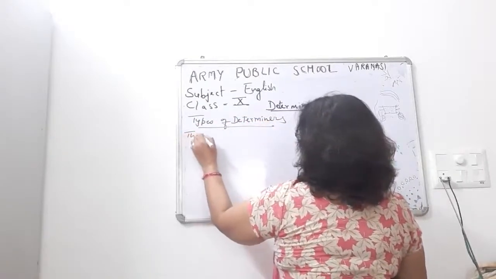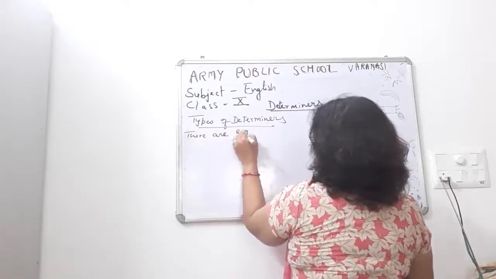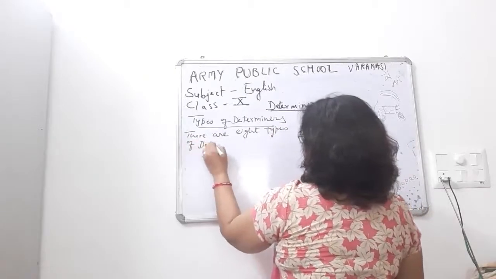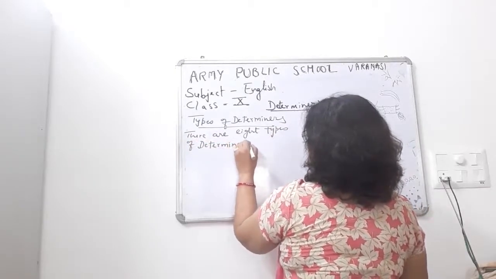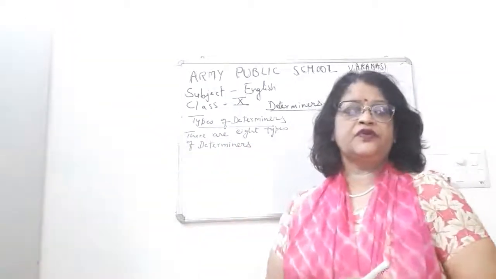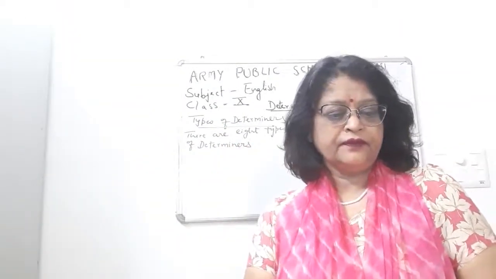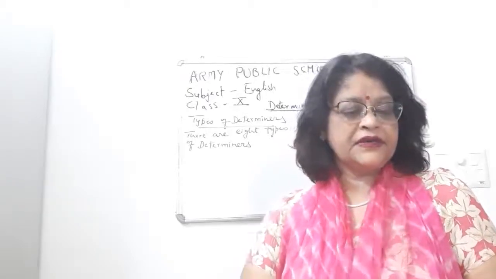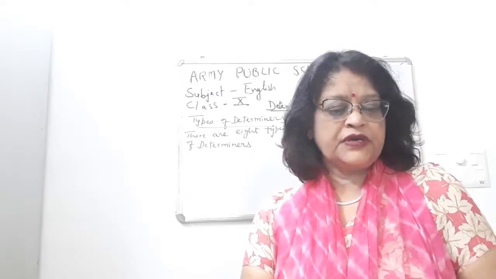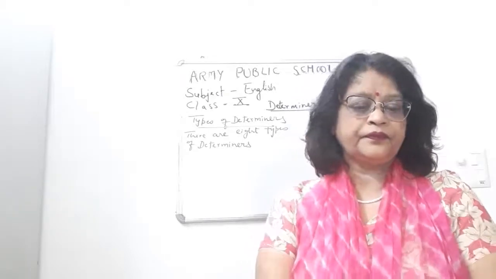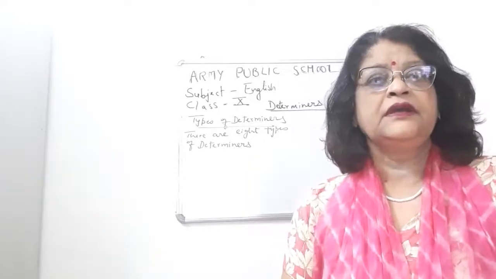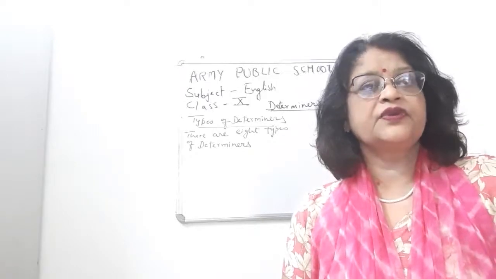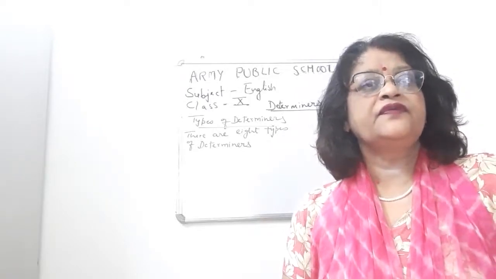There are 8 types of determiners. First, remember what a determiner is: a word used before a noun to indicate which thing or people we are talking about. Now I'm going to write the types.